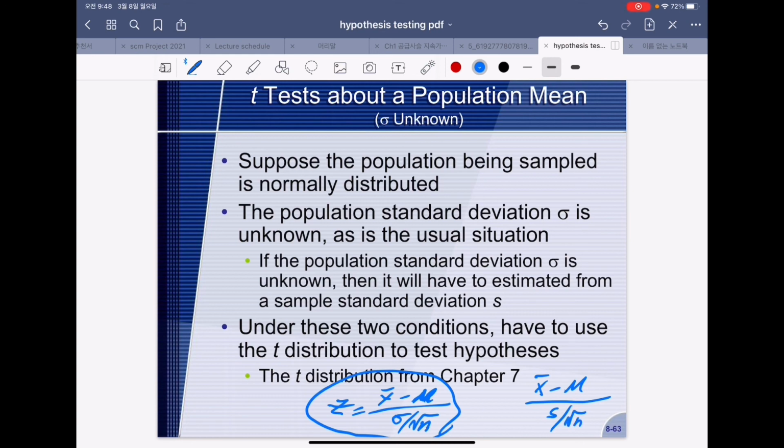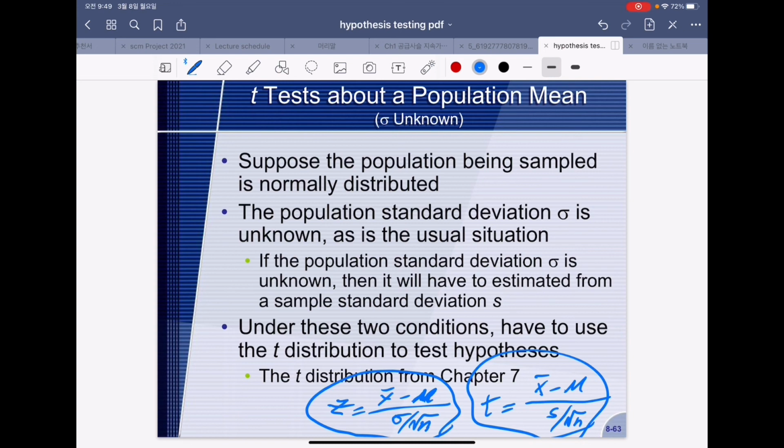So if you use S instead of sigma, that's called the T, okay? This is the T, right? So instead of using the standard normal, we need to use T. T looks like the standard normal, and T also has a symmetrical shape, right?